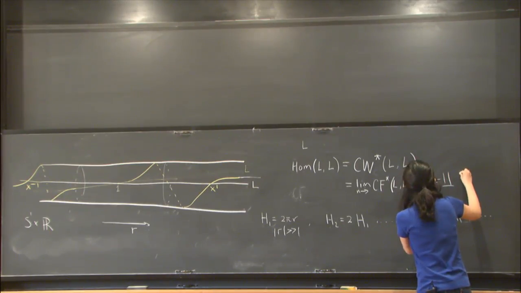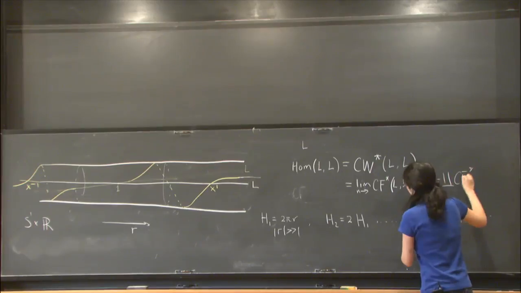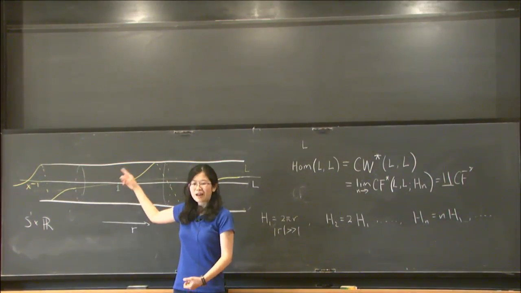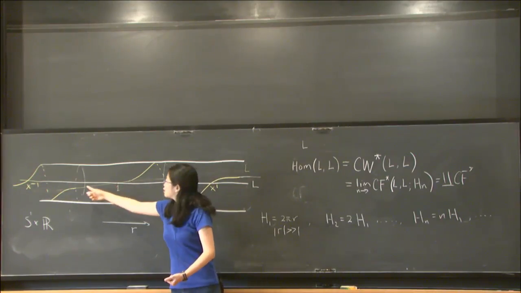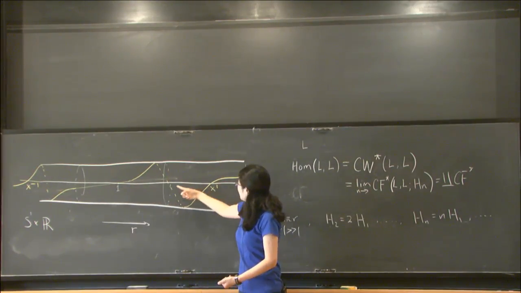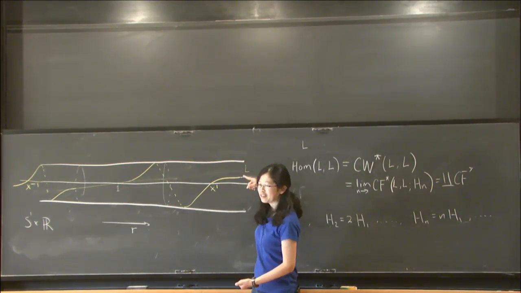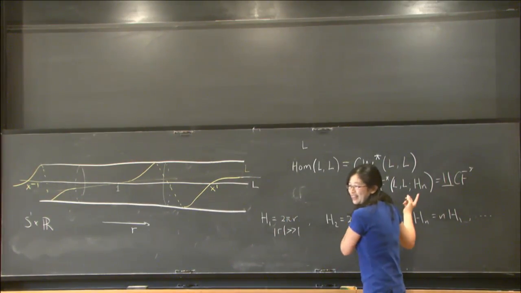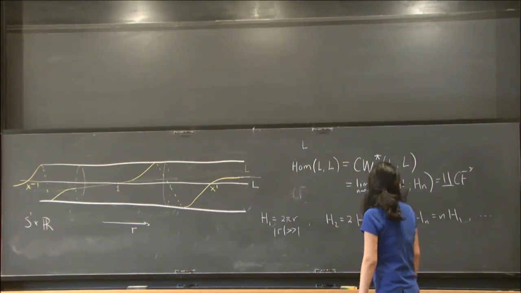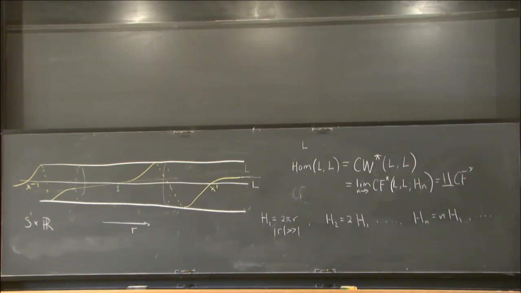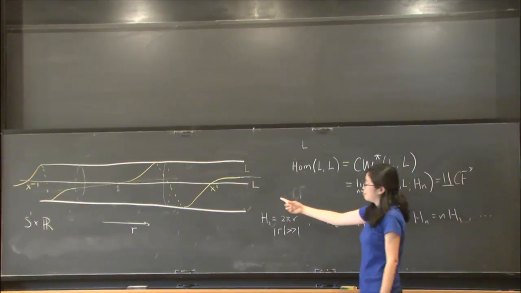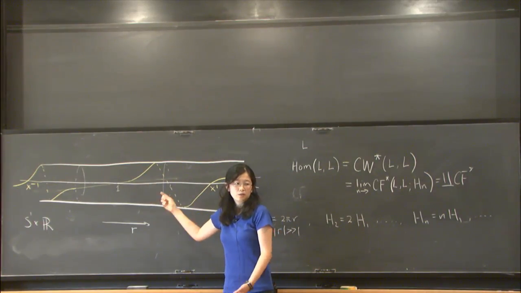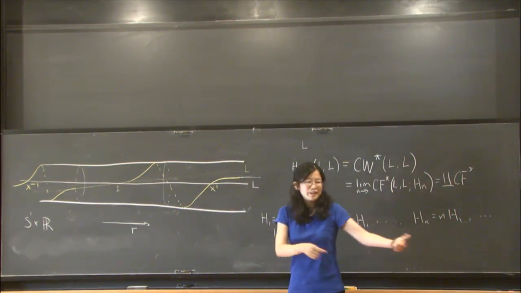In this case, we can see that all the intersection points after the h1 perturbation is just these 3, and then after the next one, we get another one here, and then this one is included in the next complex. So as n goes to infinity, we get infinitely many intersection points on both ends. And the previous one is included in the next one.